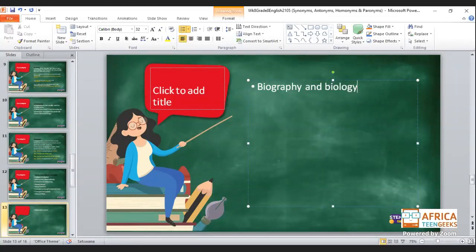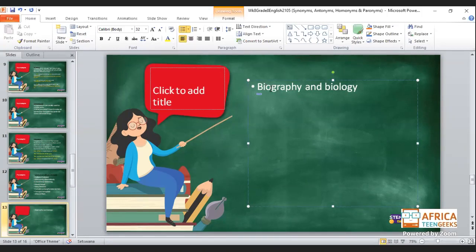And I say they are not paronyms. Why? Look, our definition of a paronym: a paronym is a word that has the same root as another word, and they often have a similar meaning. In other words, a paronym is a word that comes from another word. Okay, right. So let's look at biography and biology.